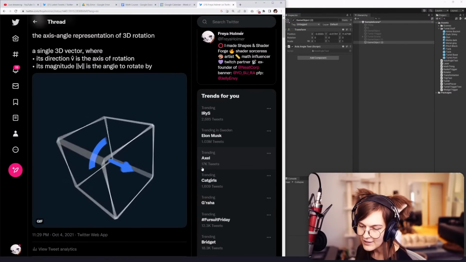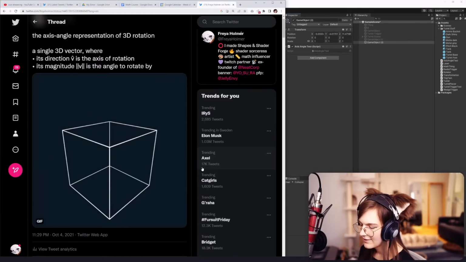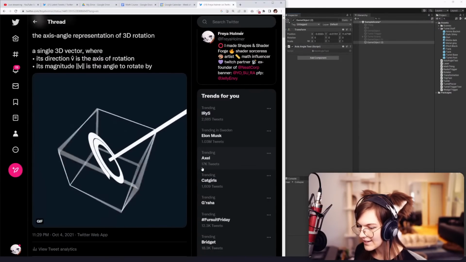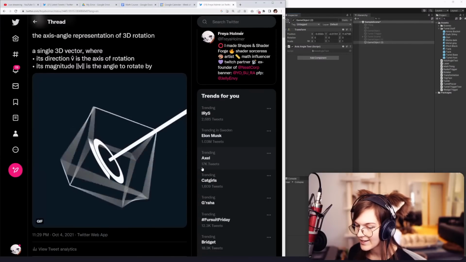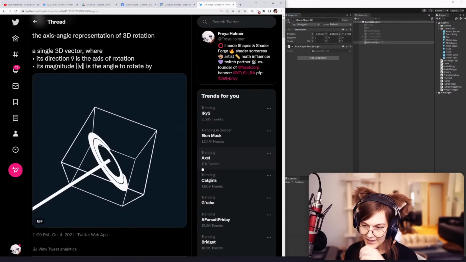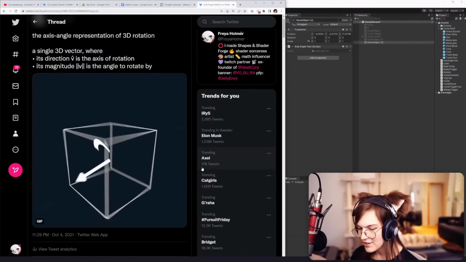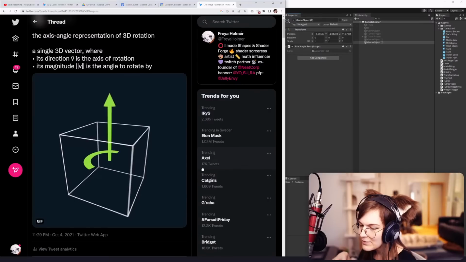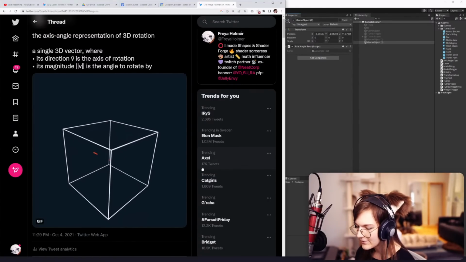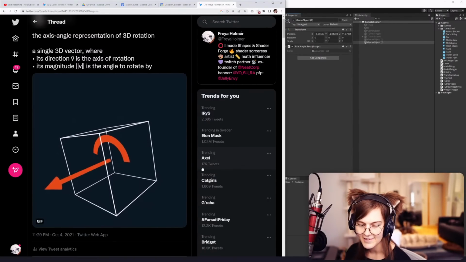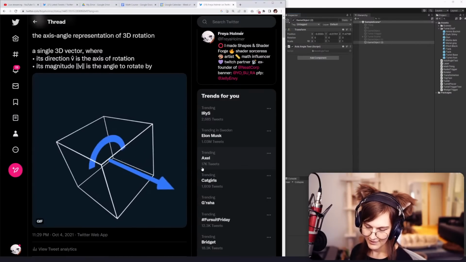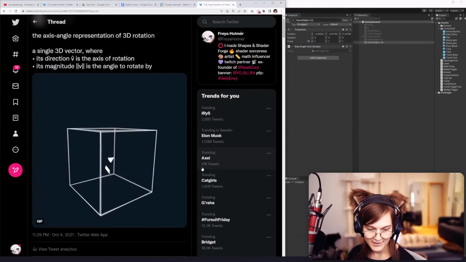And again, the length of the vector is how far it's going to turn around that axis. And every orientation in 3D space can be described as a single rotation around a single axis. And so that's why this works.